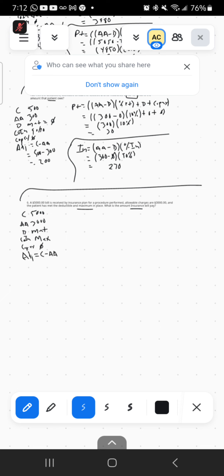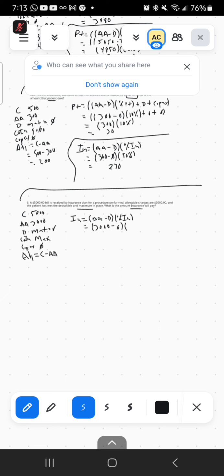The question says how much the insurance has to pay, so you start with the insurance. And the insurance pays the allowed amount minus deductible times the percentage for the insurance. The allowed amount is $3,000 minus deductible. Deductible says it's met, so that's 0.